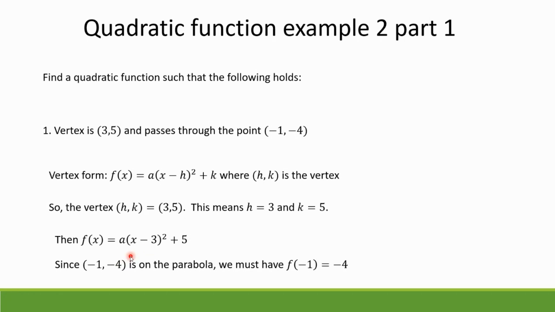All right. So we know this is on the parabola. This is a solution then to this equation. In other words, if x is -1, f of that must be -4. f of -1 then must be -4. Again, this is on the parabola.